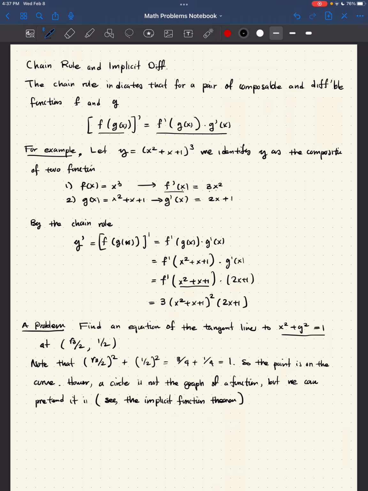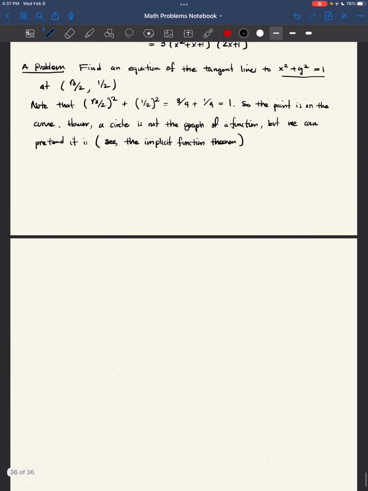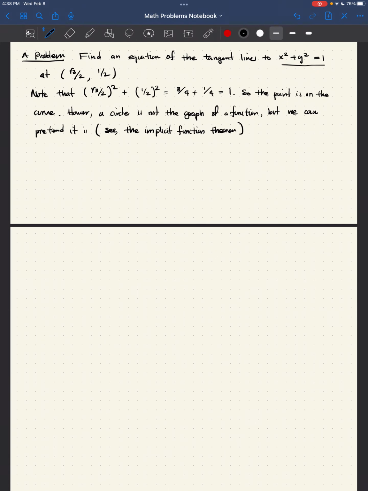But then let's see. Even with this at hand, how do we find what we need, meaning an equation for the tangent line? Well, first, let's see what we can do. We pretend, or we suppose, that y is really a function of x. So we apply the derivative as an operator on the equation.